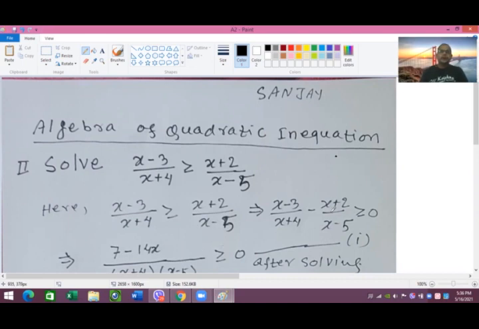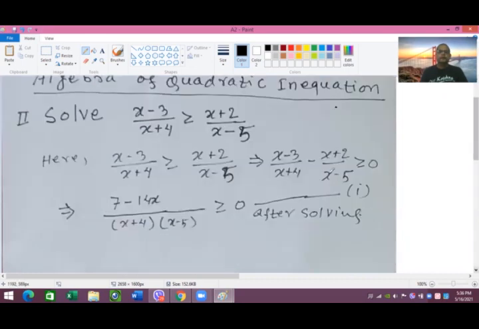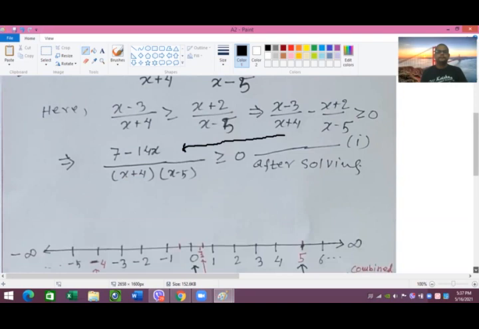So here in this case, I have taken this to the left, and then you can see here, take the LCM of the denominators and solve it. Then you will have a term like this, and this is greater than or equal to 0 after solving. So you may try solving this and try to reach up to this term. Now we'll repeat the same work.